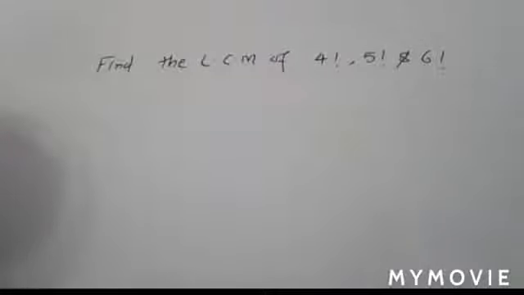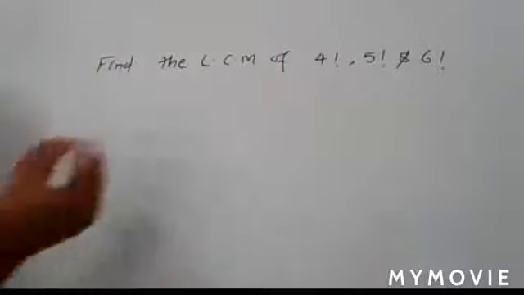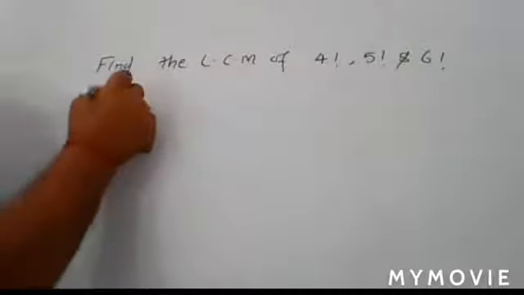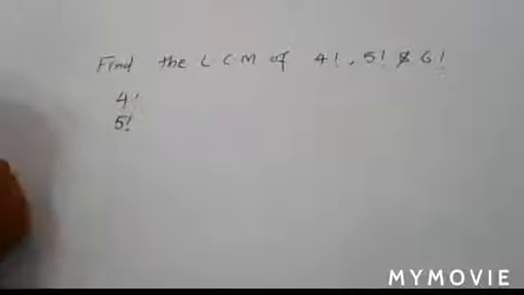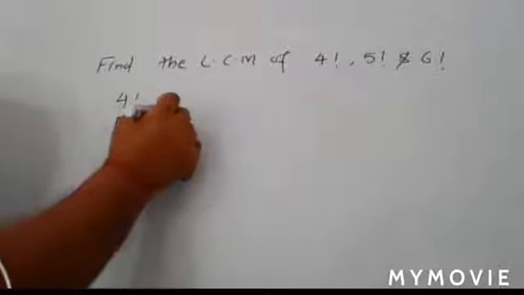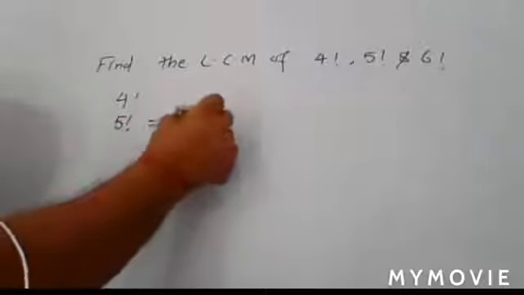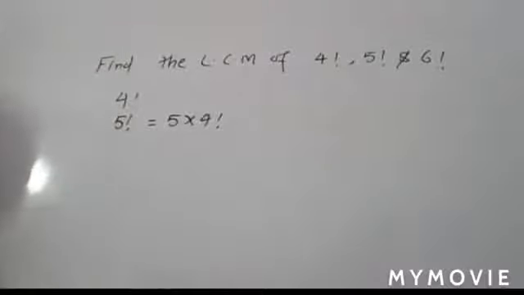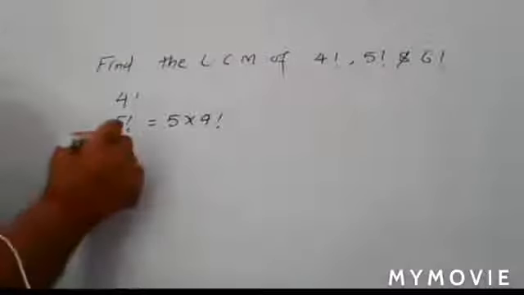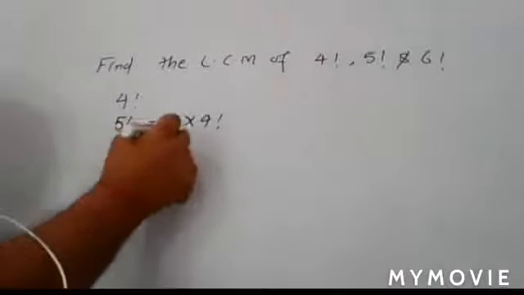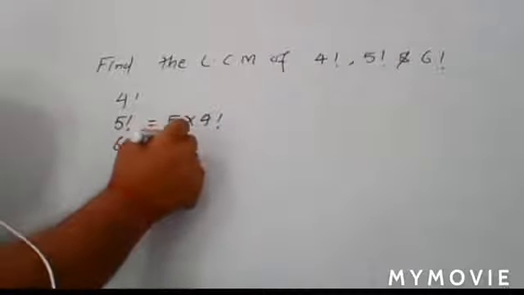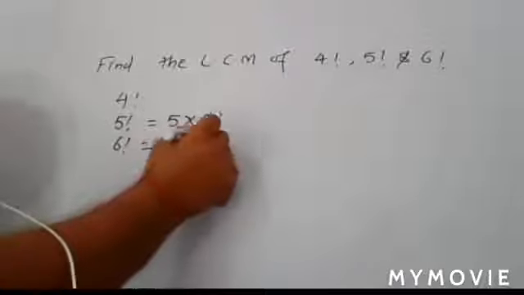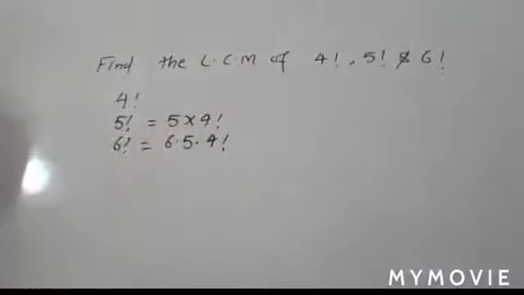Here you have factorial 4, so no problem for that. Here you have factorial 5, which can be written as 5 into 4 factorial. And factorial 6 can be written as 6 into 5 into 4 factorial.